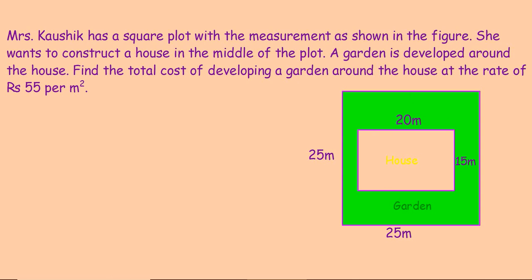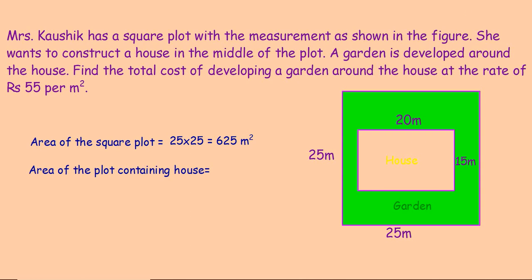So we can write, how will you find out the area of the square plot? Yes, it is a square of side 25 meter. So we can write area of the square plot is equal to 25 into 25, which is 625 meters square.